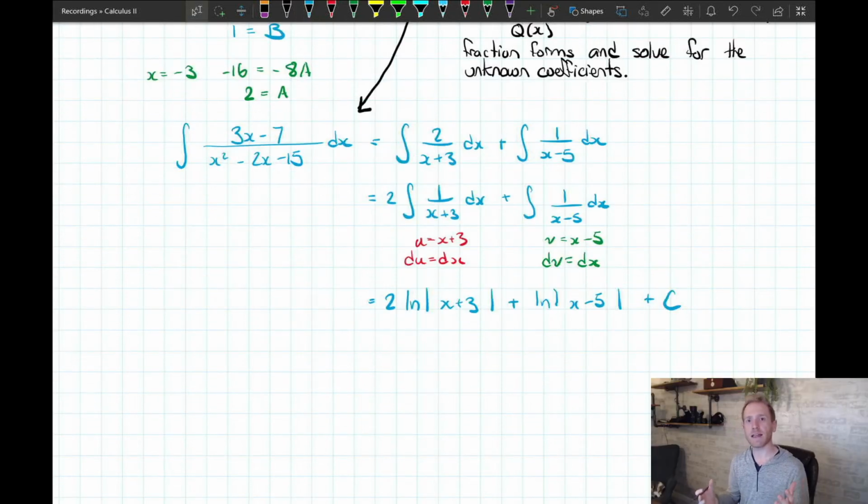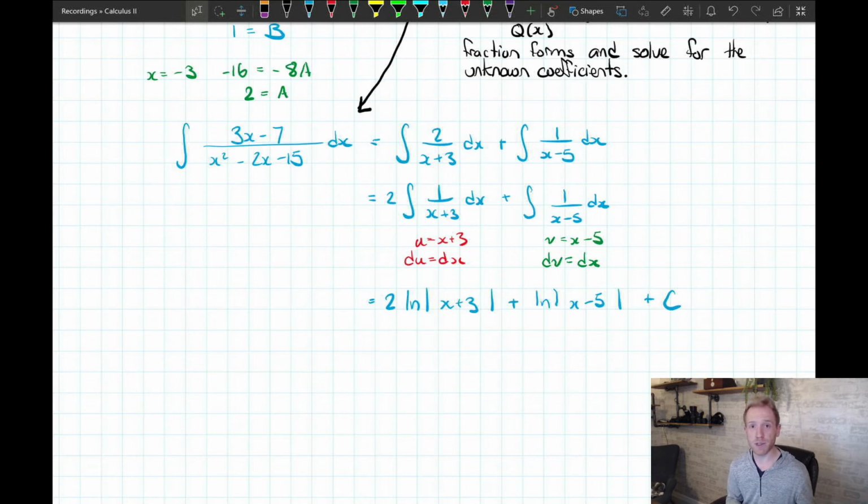Now that we've got the idea from this particular example, pretty much they're all going to look fairly similar. As long as we're very confident in our ability to take a rational expression and decompose it into partial fractions, then we just end up with several integrals on their own. Some of those are going to be u substitutions, and that may result in a natural logarithm in your answer.